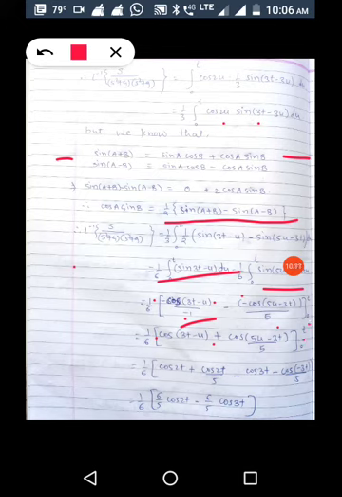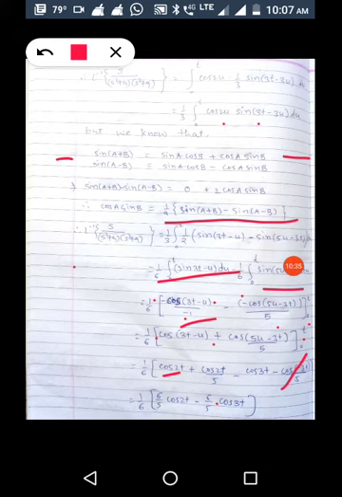Put the upper limit and then the lower limit. If we use u equal to t, then it will be cos 2t plus cos 2t by 5, minus the lower limit, cos 3t plus cos (minus 3t) by 5. As we know, cos is an even function, hence cos (minus 3t) is equal to cos 3t. So let me combine these things.